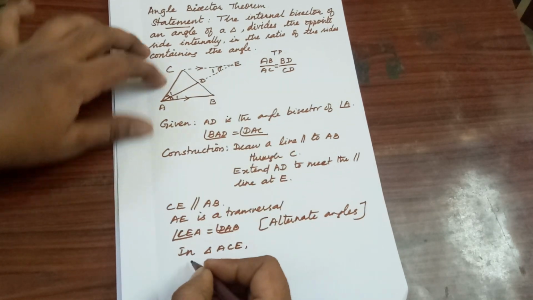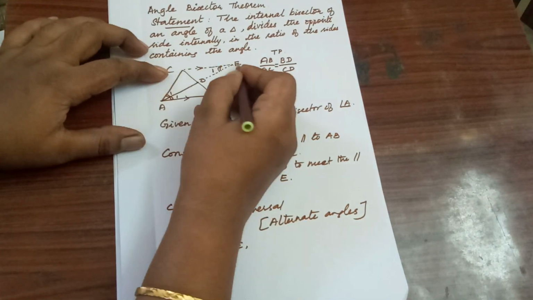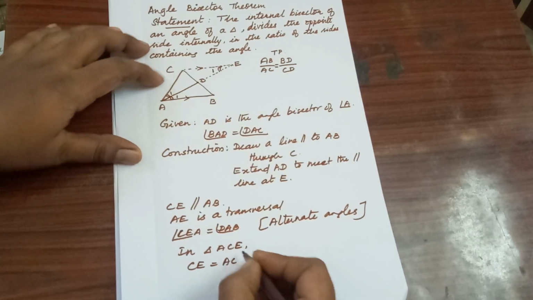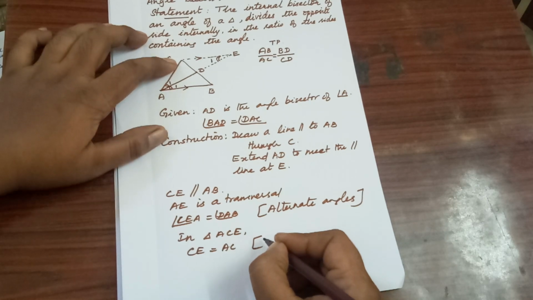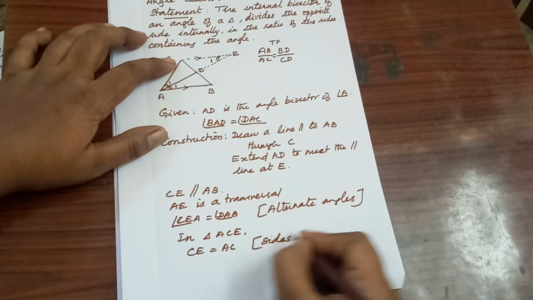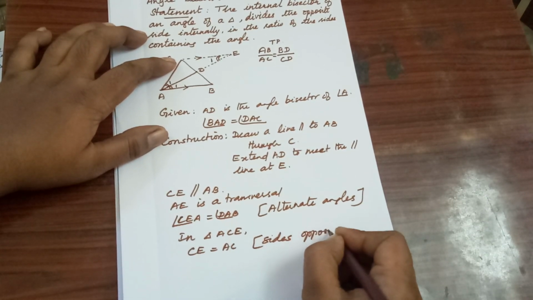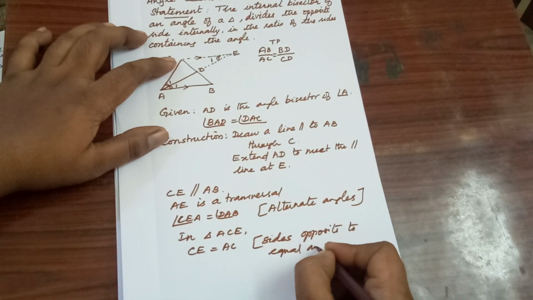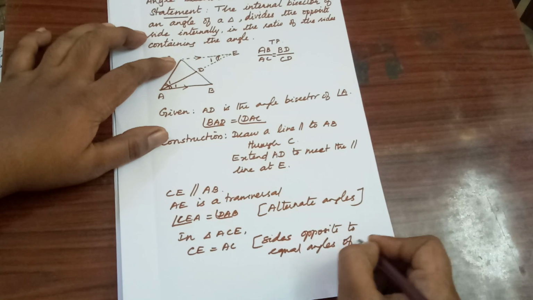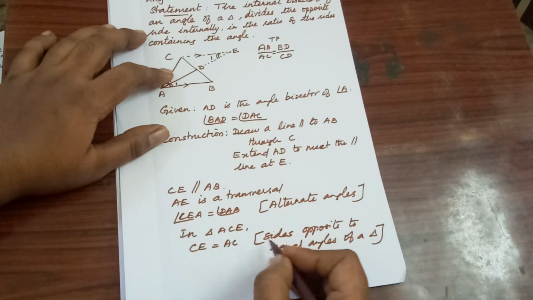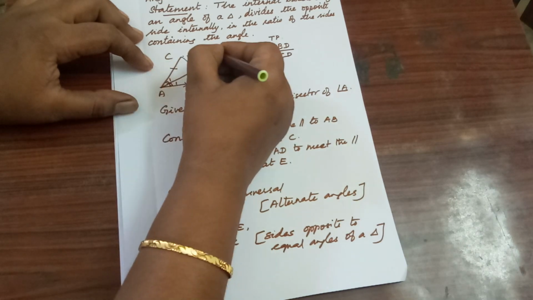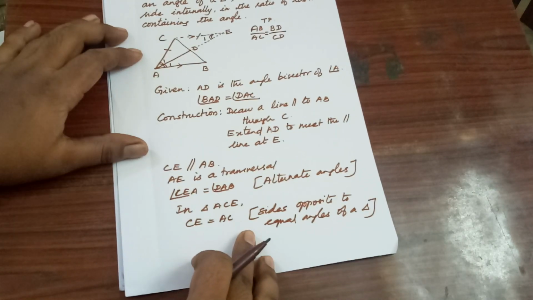So we can write CE is equal to AC, because of the sides opposite to equal angles of a triangle. So these are equal.